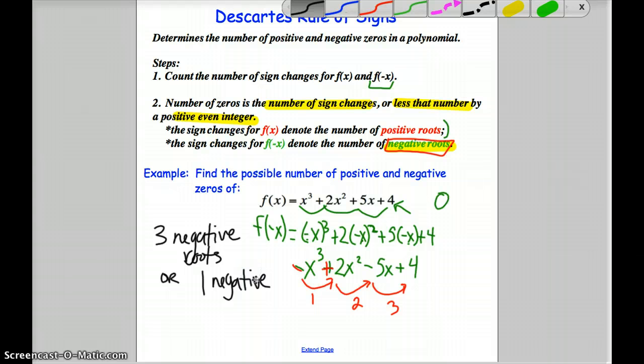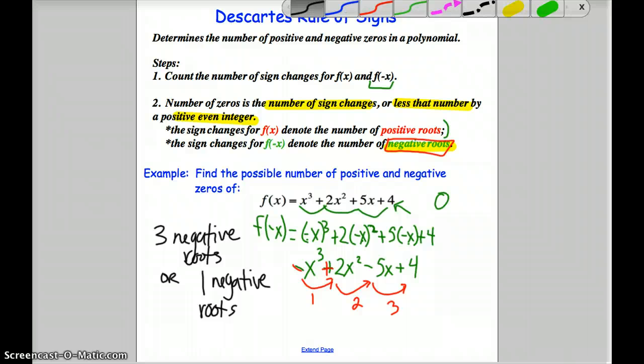But now I know what to test. Now I know I can test any negative guess. Okay, so we're still going to make those guesses like we've been doing, but we know what to test. We know to test only negative roots. We're not going to test any positives.